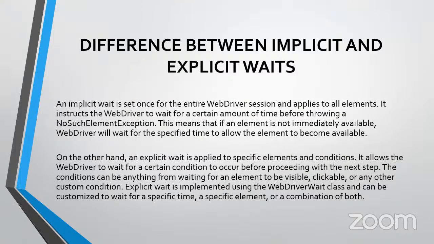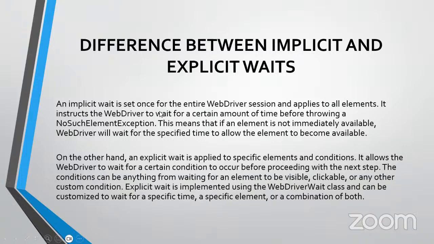So we will move on to the difference between implicit and explicit wait, because it might be confusing and some people would think it's probably the same or there's not much difference. But I think there's one major difference. An implicit wait is set once for the entire WebDriver session and applies to all elements.